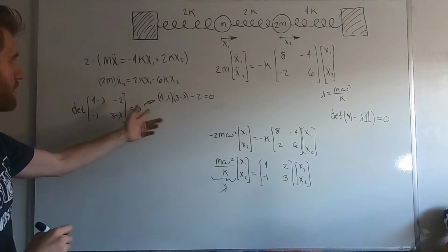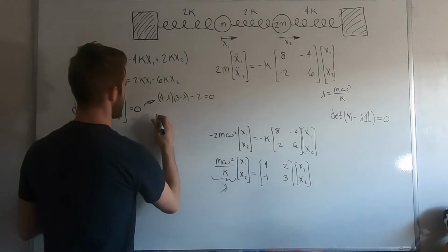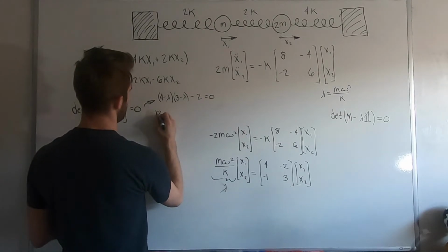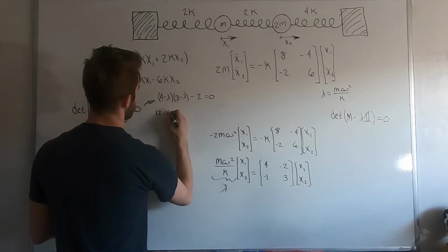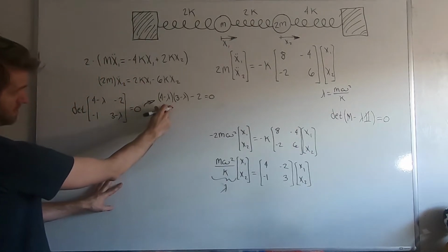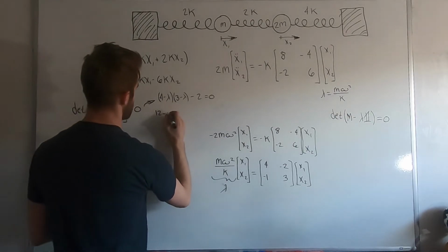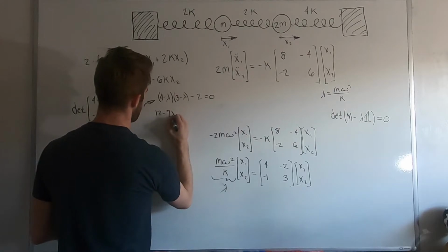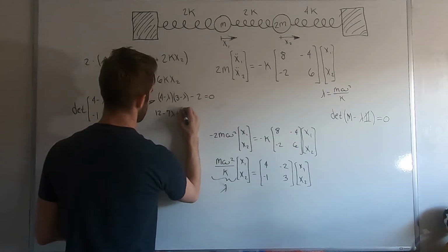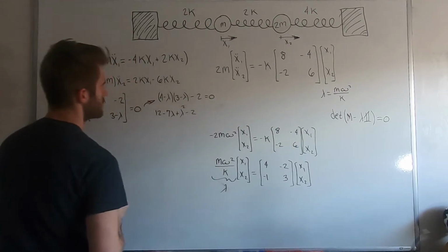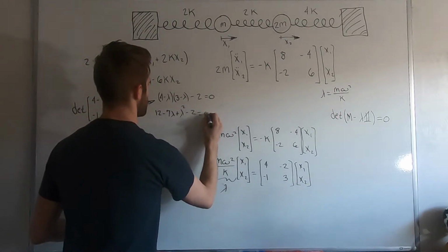All right, so now we can start putting this all together. 4 times 3 is 12, minus 4 lambda, minus 3 lambda, so that's minus 7 lambda, plus lambda squared minus 2, and that equals 0.